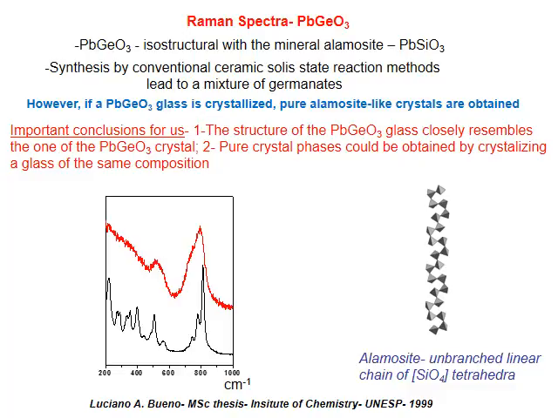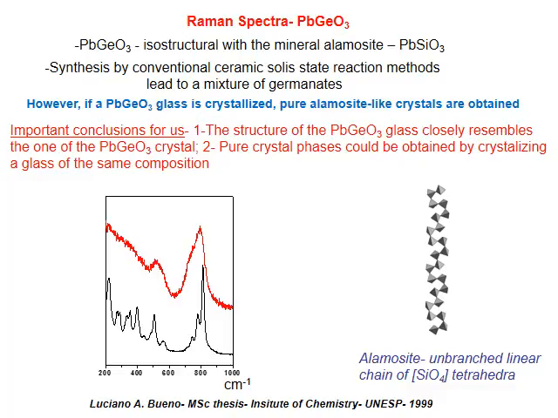Broadened bands are around the same positions as the ones obtained for the crystal, suggesting similarities of structures. He then crystallized the glass at temperatures above Tg for some minutes. What did he obtain? The pure alamosite-like lead germanate he was trying to obtain with classic ceramic methods.